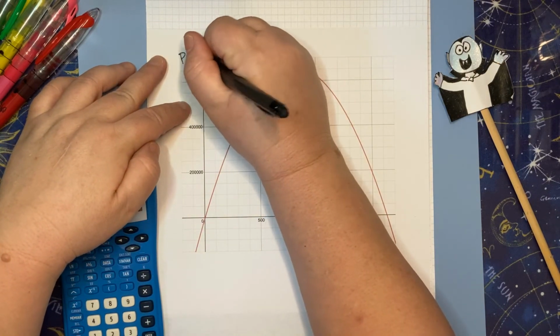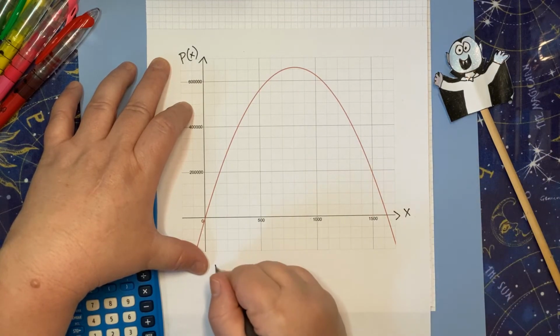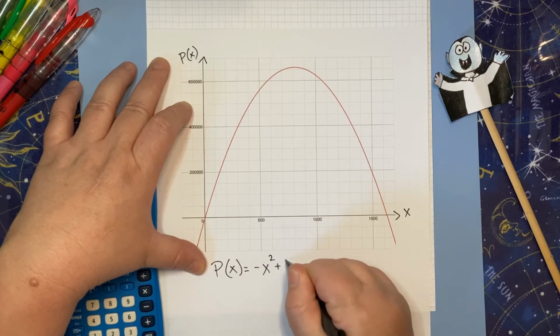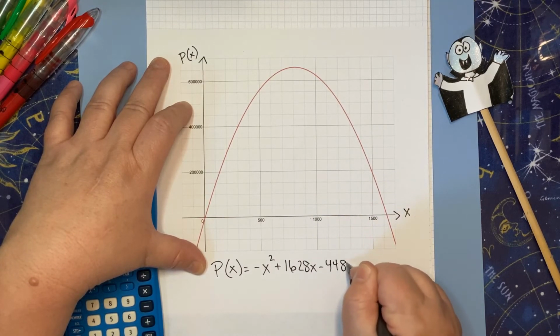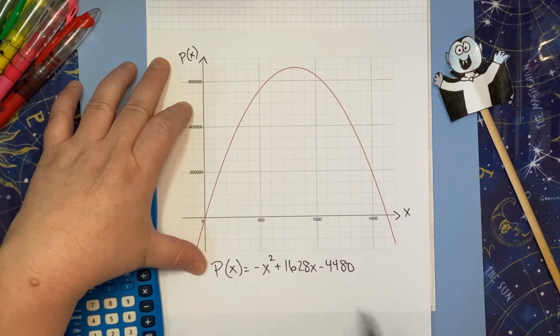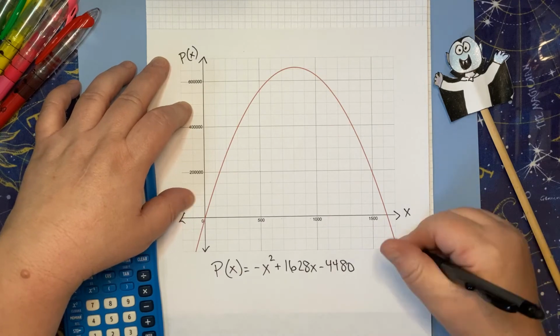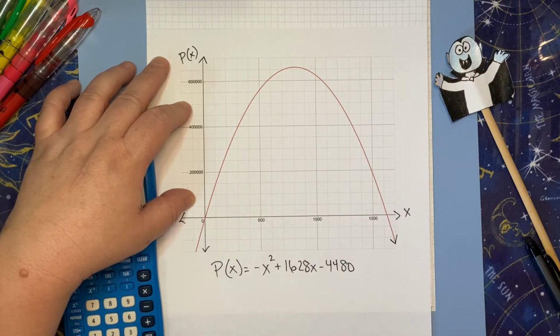This is profit. So this is the graph of the profit function. And notice I've added arrows. And I'm going to add an arrow over here. This is profit.